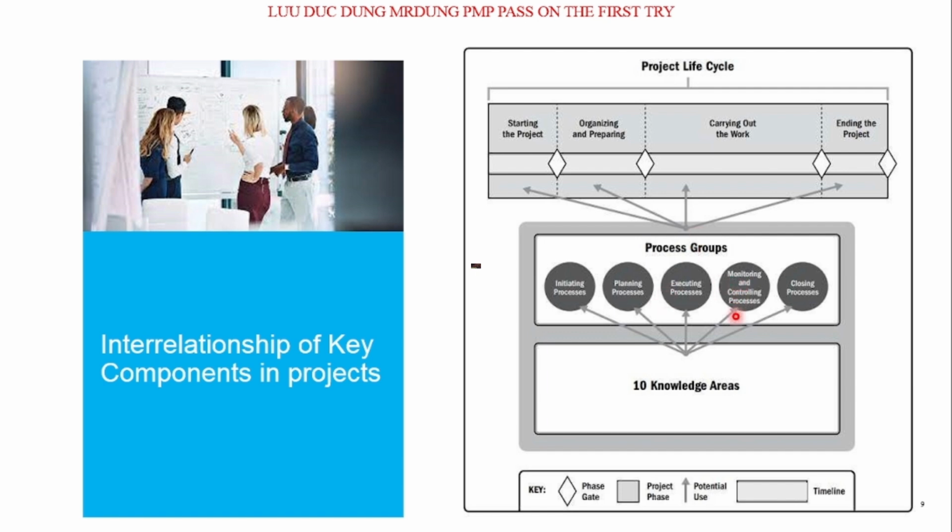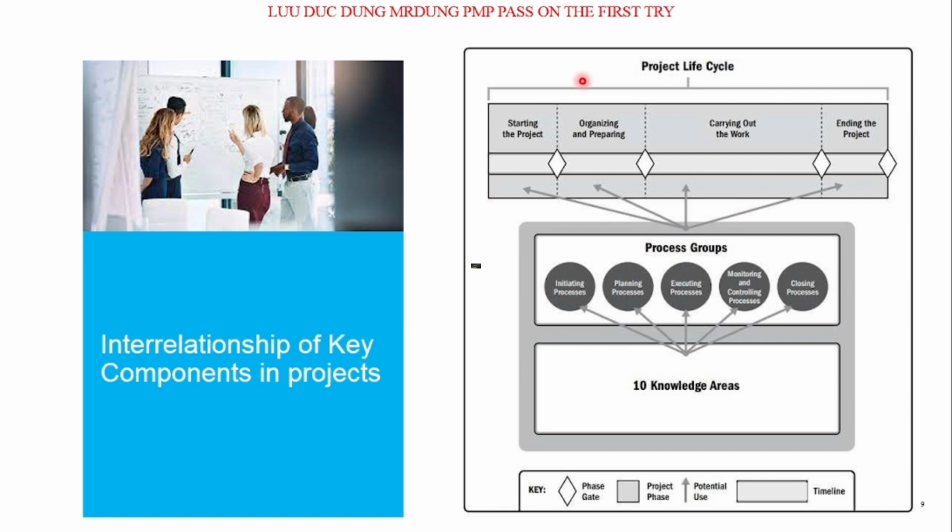And next, the interrelationship of key components in the project. We have a project life cycle: starting the project, organizing and preparing, carrying out the work, ending the project.